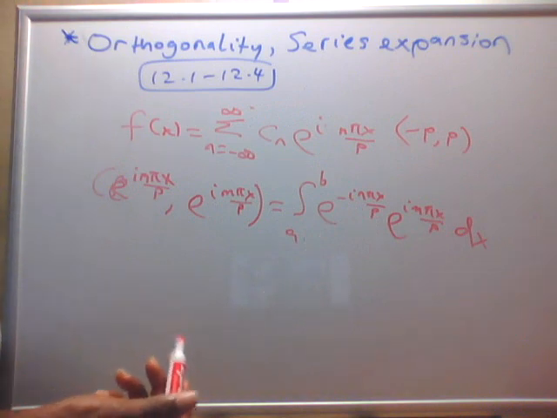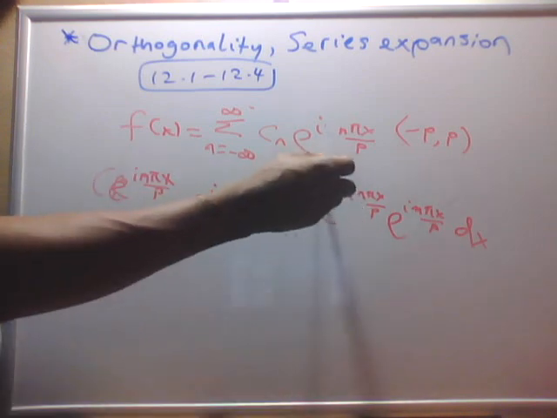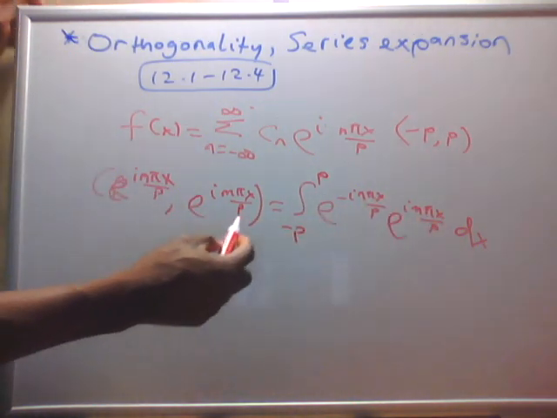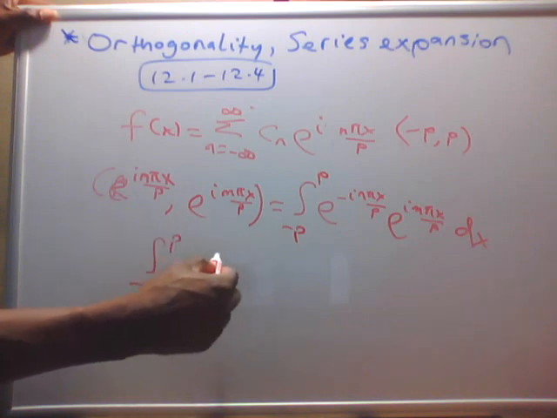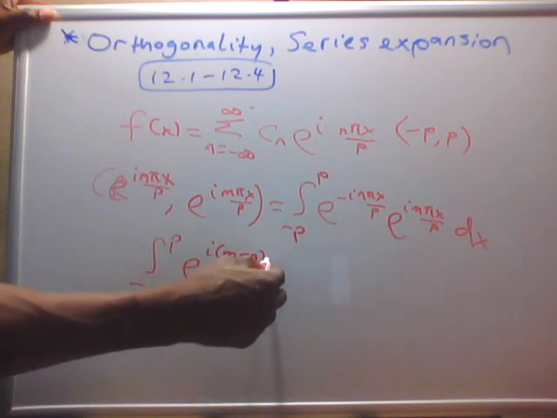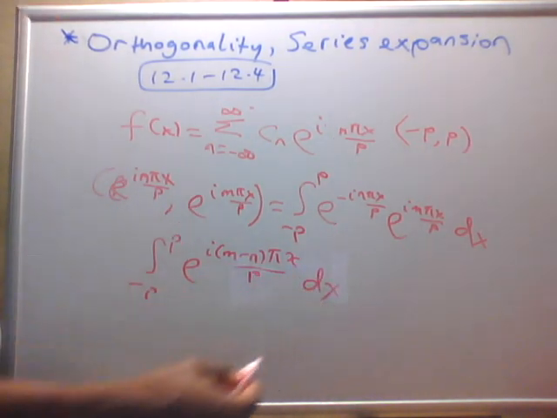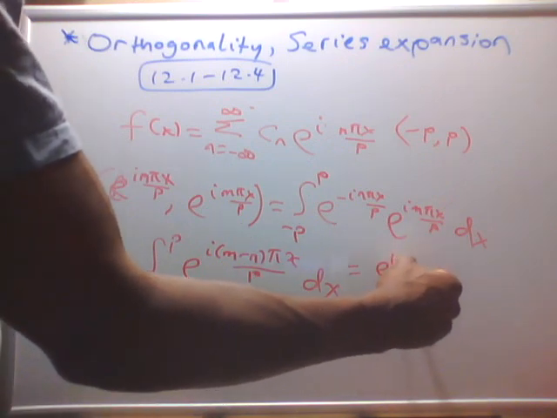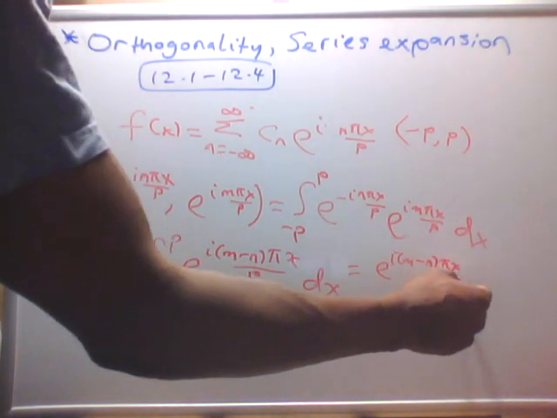Okay, so we can show indeed that they are orthogonal just by doing this integration. You get the integral from negative p to p of e^(i (m minus n) pi x over p) dx, which is simply e^(i (m minus n) pi x over p).